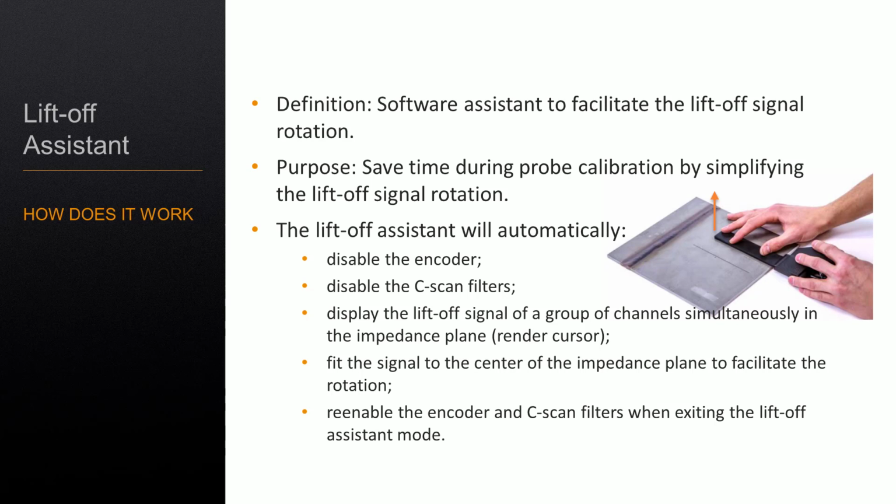It will also fit the signal to the center of the impedance plane to facilitate the rotation. And all encoders and filters will be automatically re-enabled when exiting the assistant mode.